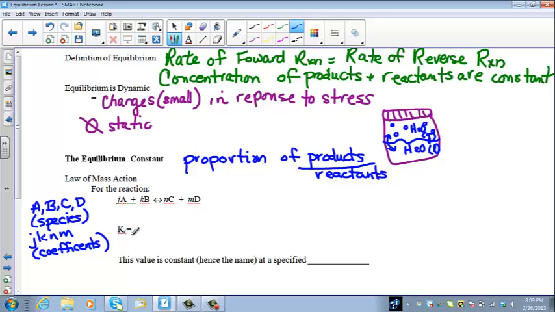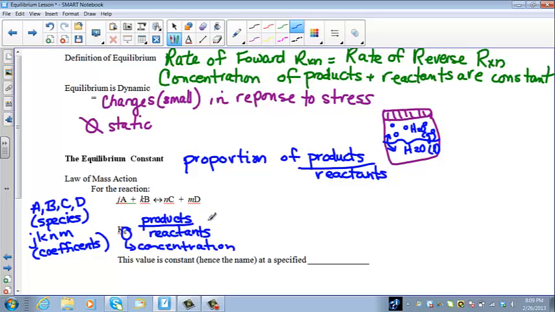Now, remember, as I said, Kc, so we're talking about the equilibrium constant in relation to concentration, is going to be the products over the reactants. I'm just going to circle this and put concentration, because we're also going to talk about one for pressure.